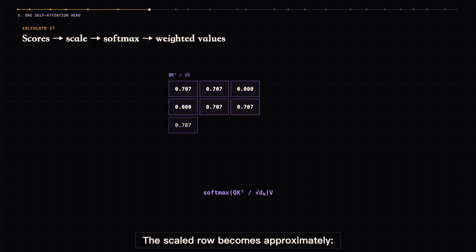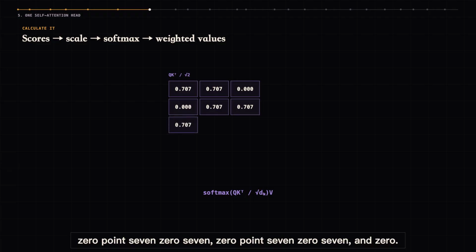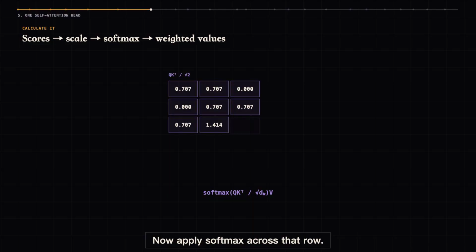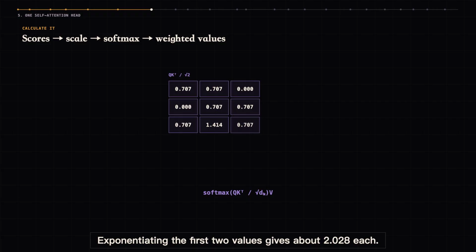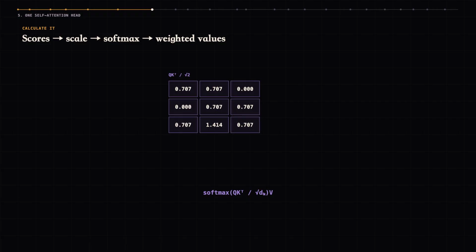The scaled row becomes approximately 0.707, 0.707, and 0. Now apply softmax across that row. Exponentiating the first 2 values gives about 2.028 each.